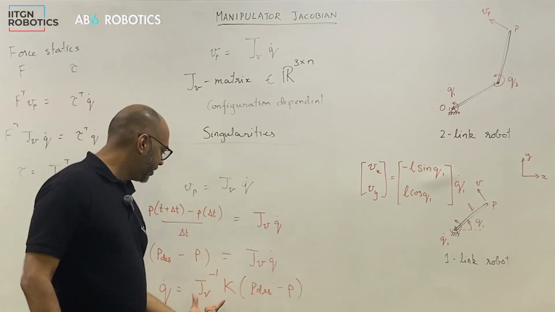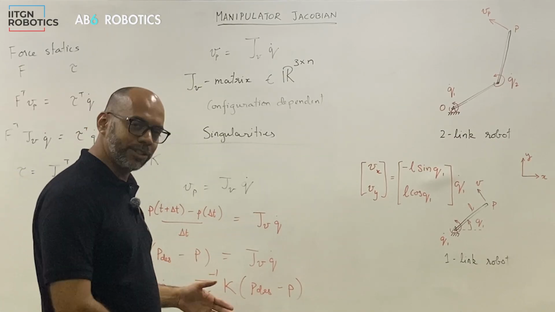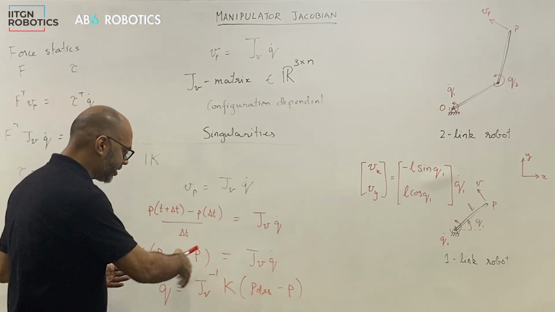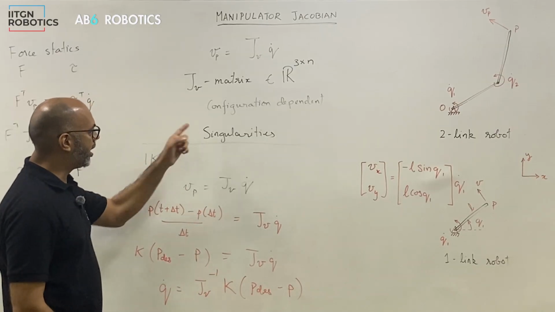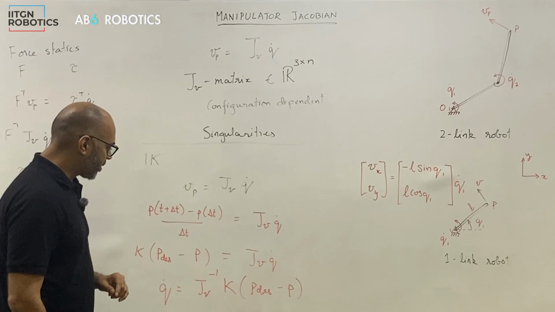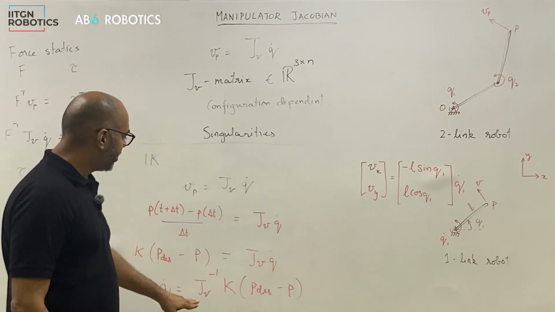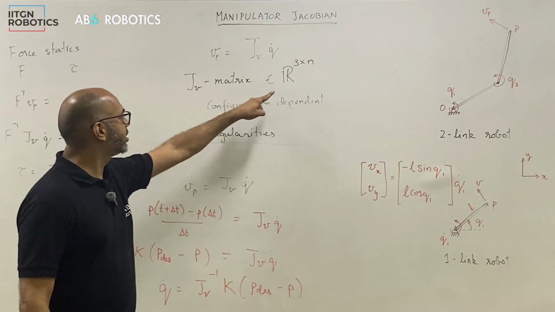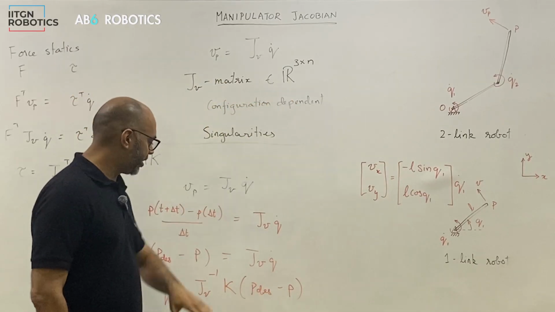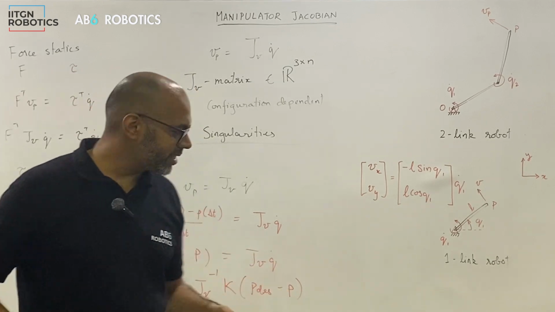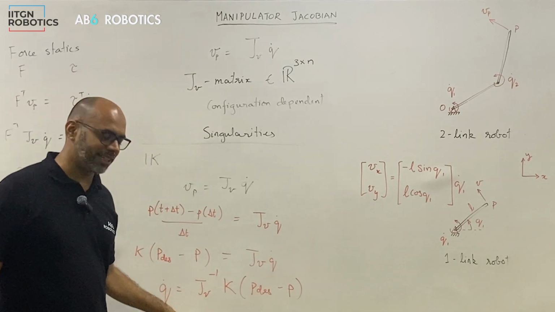Instead of doing a Jv inverse, you factor in some additional aspects for addressing singularities. We don't need to get into that, but just giving you an idea. And last, we did say that Jacobian is not necessarily a square matrix, so you cannot directly take an inverse in most cases. So you end up taking a generalized inverse.